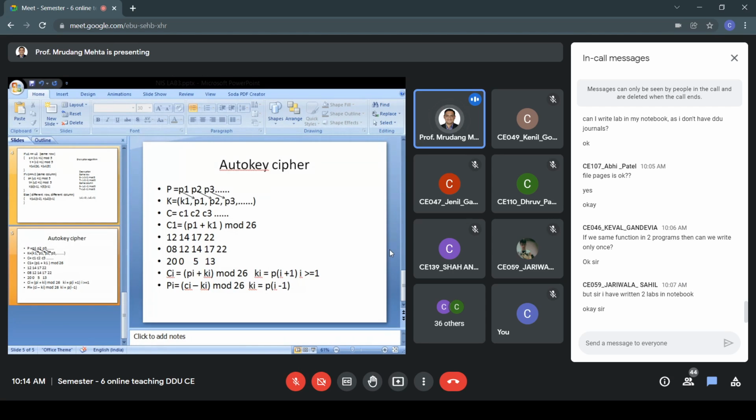At least encryption in Playfair, is it finished by any of you?